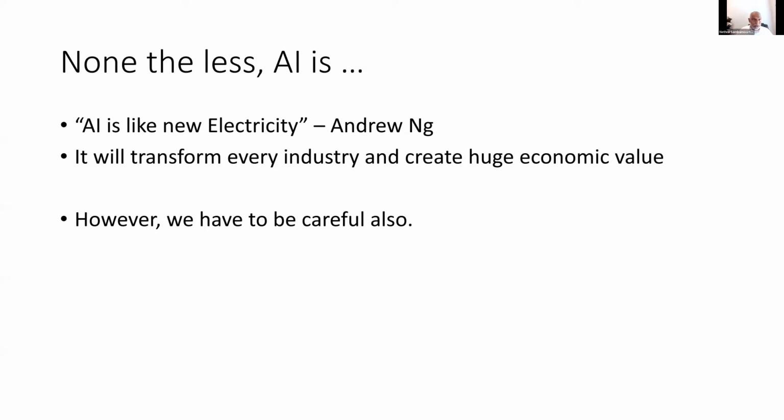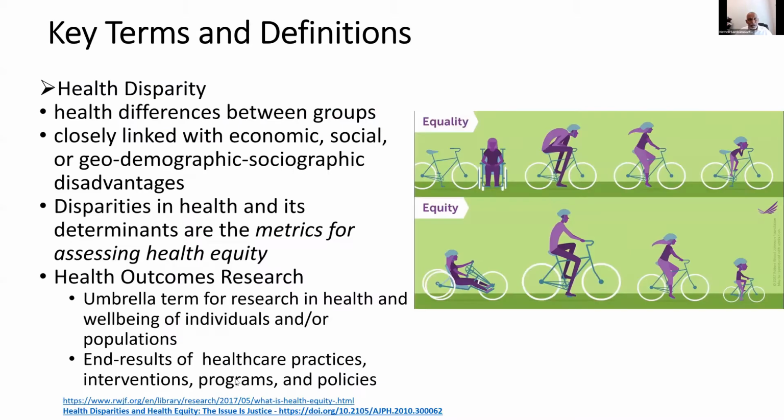It's the truth. Also, this is exciting because when people got electricity, how exciting it was, right? The same excitement is happening today. That's what Andrew Ng says. And it is going to create enormous economic value, and it will transform every industry. Of course, healthcare. Also, we talked about equity.